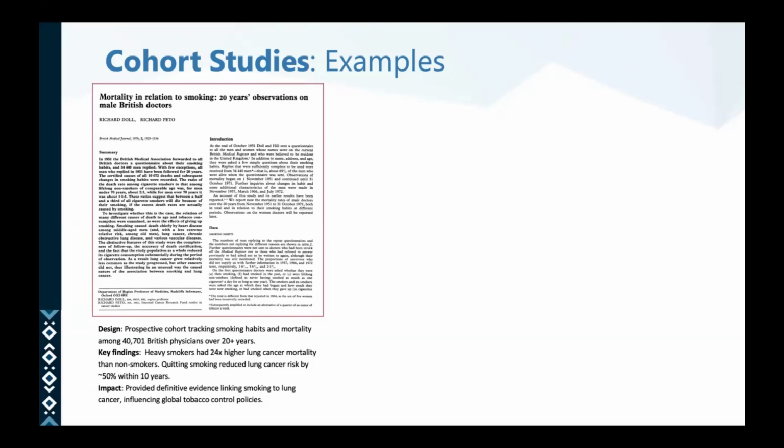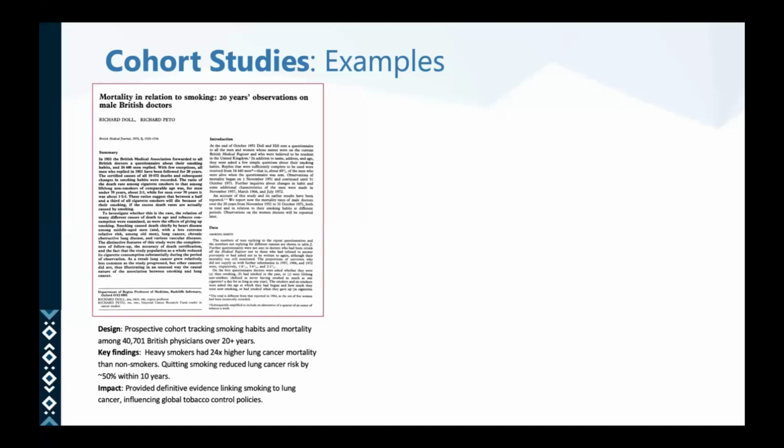And so they recruited medical doctors in Britain, more than 40,000 doctors, and followed them up for more than 20 years. And what they found was quite interesting. They noticed that doctors who are heavy smokers had a 24 times higher risk of dying from lung cancer, not just developing it, but dying from lung cancer, than those who are non-smokers.